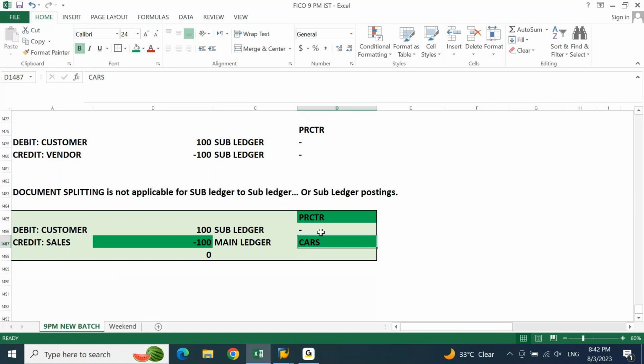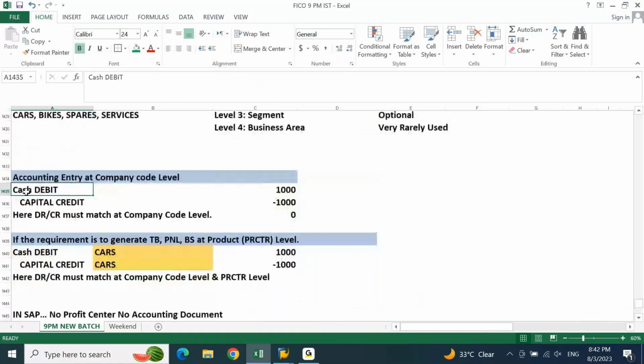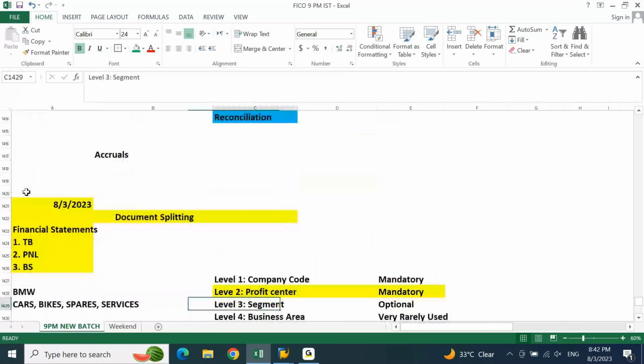There is no debit because document splitting is not applicable for subledger to subledger or subledger posting. When we say it is not applicable, document splitting will not represent anything on its own. It is represented based on at what level you are going to generate the financial statement.